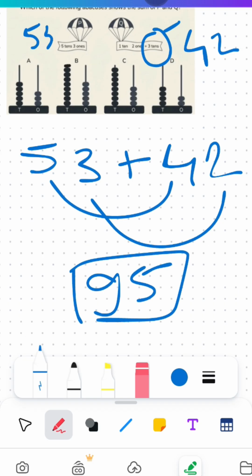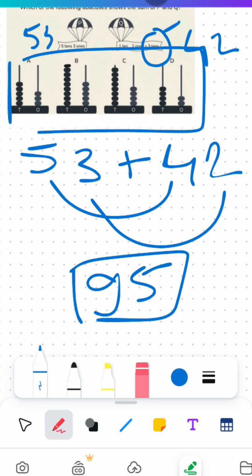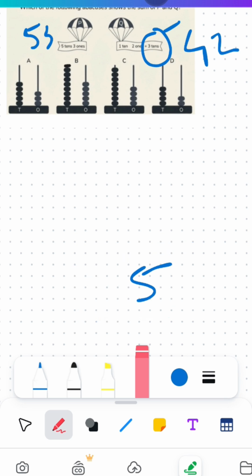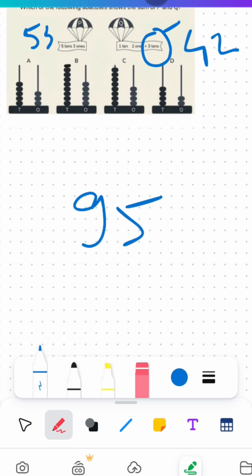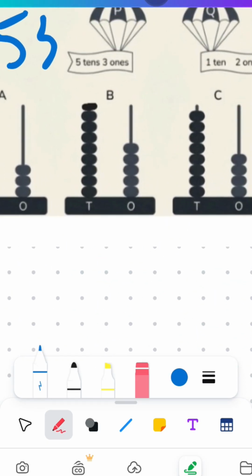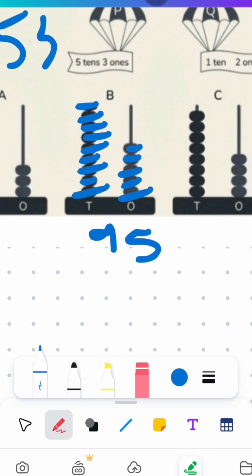So on this abacus we find 95. Now here we calculate the beads. This is 1, 2, 3, 4 and 5. And this is 1, 2, 3, 4, 5, 6, 7, 8 and 9.